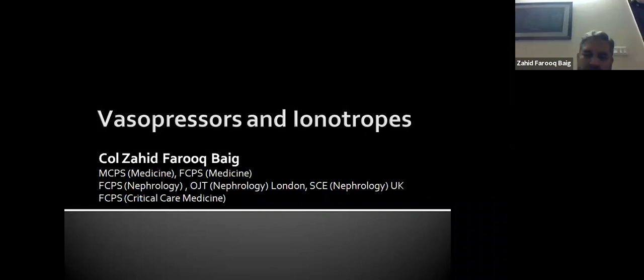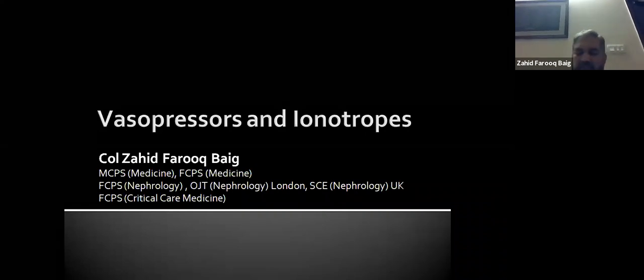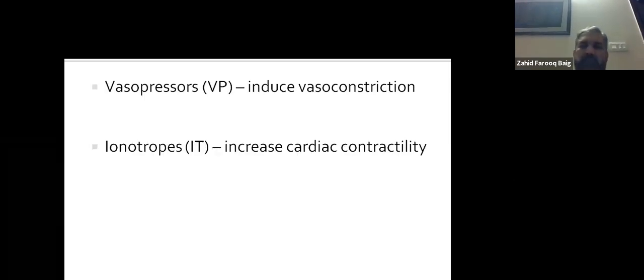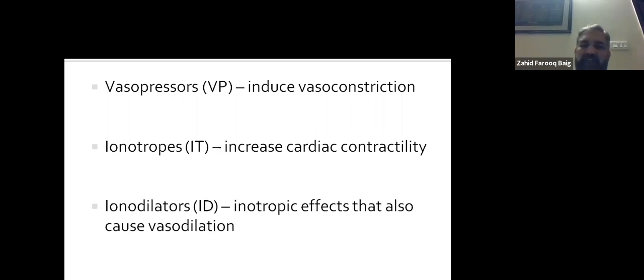I welcome you all to our second session of critical care nephrology. And as Dr. Wes has pointed out, we are going to discuss vasopressors and inotropes today, in a brief presentation. Vasopressors are the agents which induce vasoconstriction. Similarly, inotropes, as the name depicts, increase cardiac contractility. Now we have inodilators.